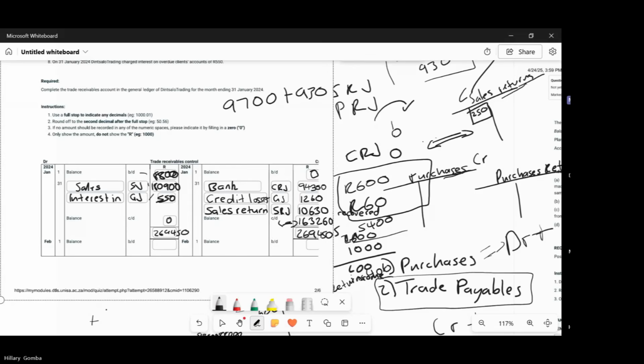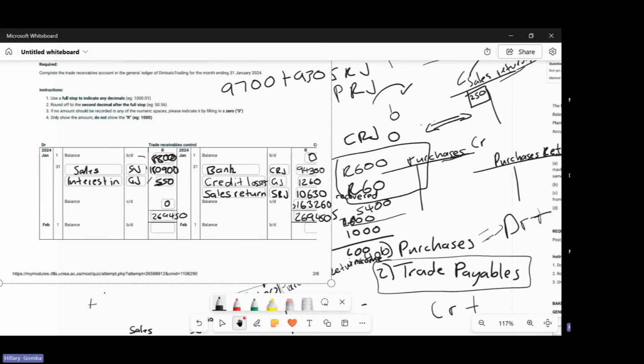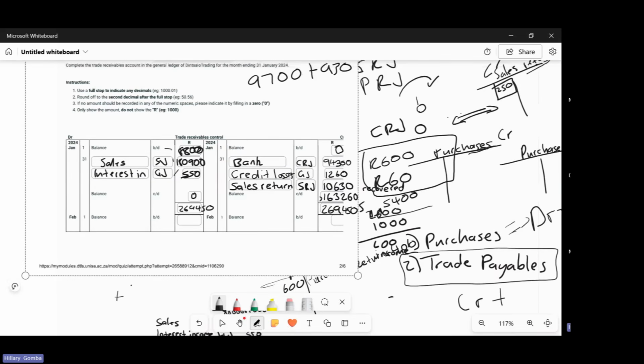No, I am lost. Okay, where are you lost? Where are we subtracting that balance from? Okay, so remember we added everything that was on the debit side, which is 88,000, your 1,890 and the 550. So it gave us this 269,450, which is right here.